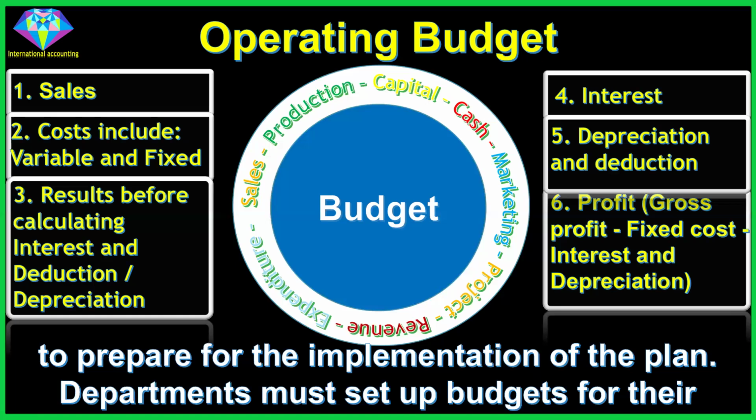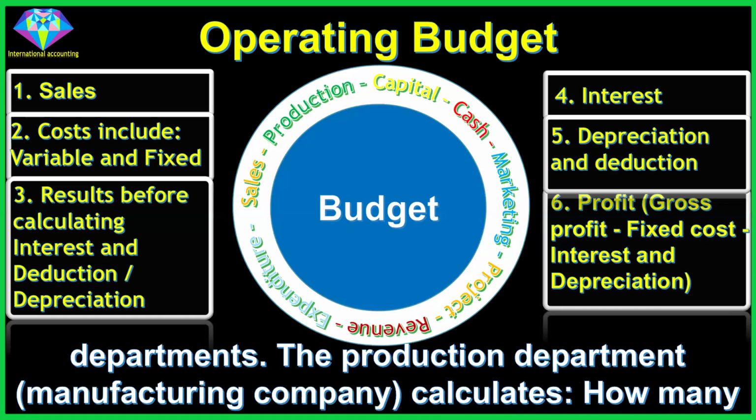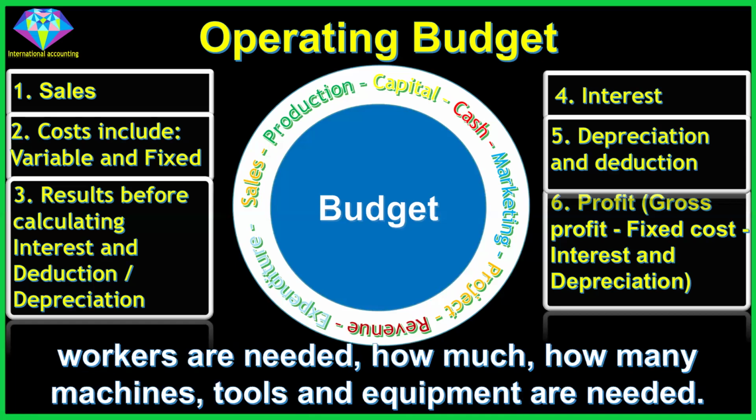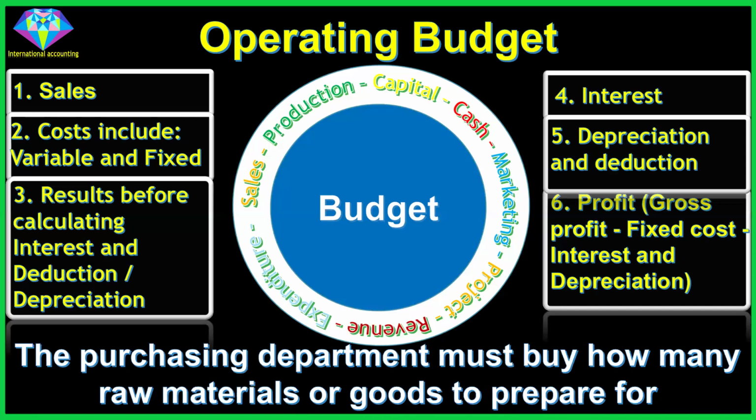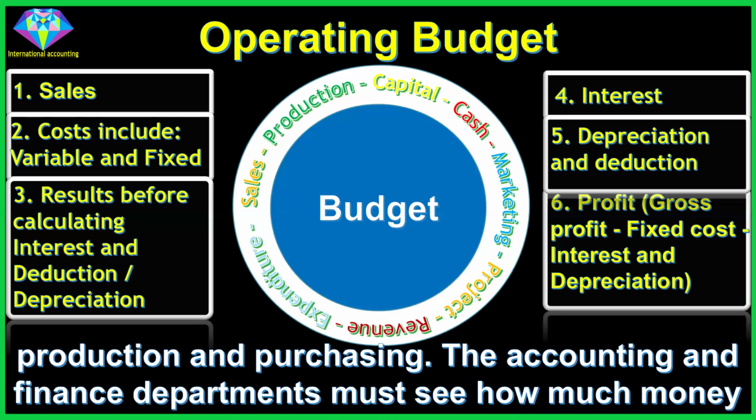Departments must set up budgets for their departments. The production department, manufacturing company, calculates how many workers are needed, how many machines, tools, and equipment are needed. The purchasing department must buy how many raw materials or goods to prepare for production and purchasing.